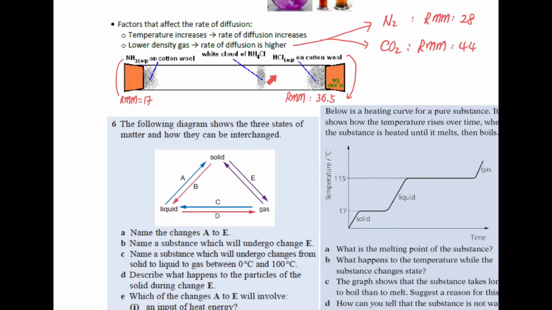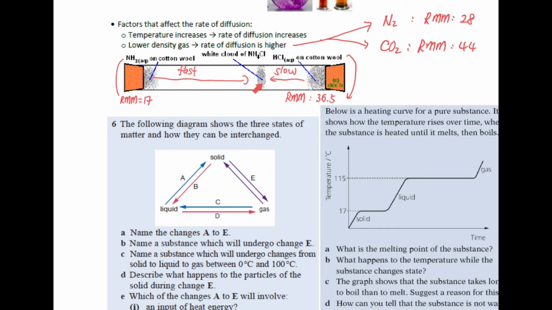If it is heavier, of course you should expect it to move slower. So it is moving slowly, and ammonia is moving quickly because it's lighter. The rate of diffusion in the air is fast. Because of that, you should expect this to move fast, this to move slow, and they will meet up somewhere here, not in the middle, because ammonia is fast.